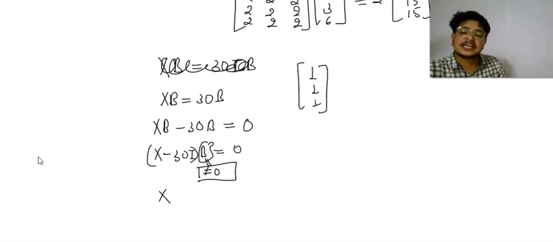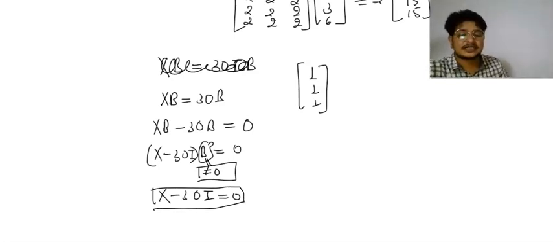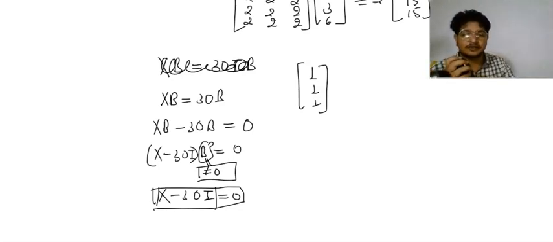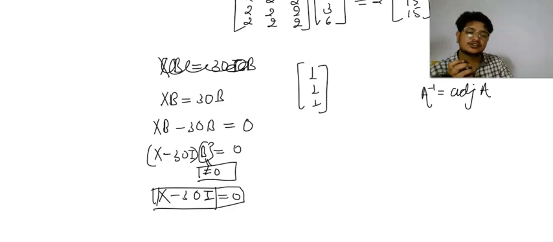Which means that X minus 30I is equal to 0, so the determinant value of this is equal to 0, which means that it is a non-invertible matrix. Why am I saying this? Because this is the last property: A inverse is equal to adjoint of A upon determinant of A, and the determinant of A is equal to 0, which means that it is not an invertible matrix.